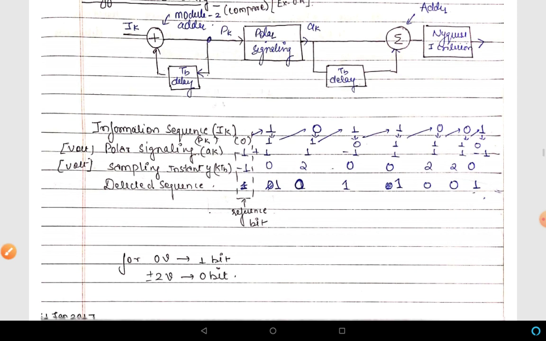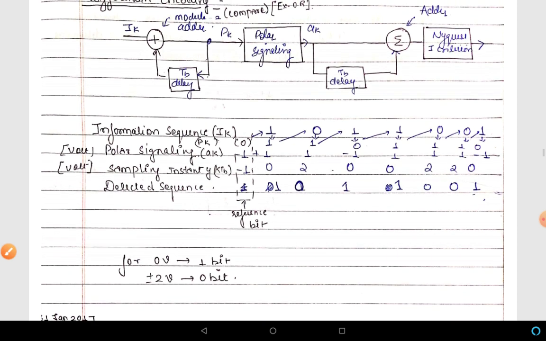That we'll see now. Let us consider this information bit sequence, 1 0 1 1 0 0 1, which is present here.